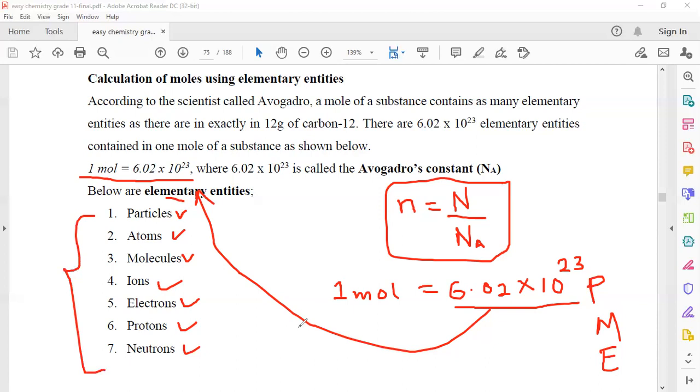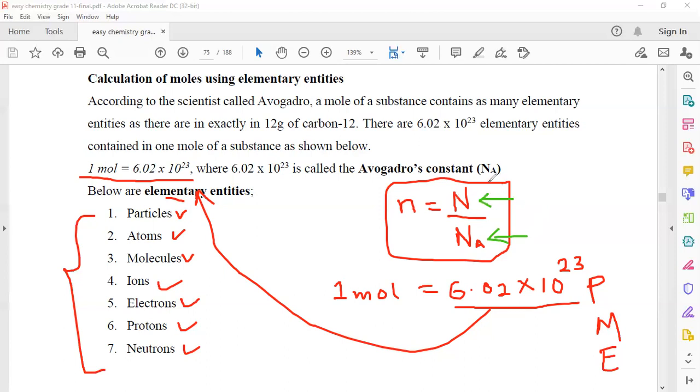Let's look at a few examples on how we can find the number of moles using these elementary entities. For you to find the number of moles, definitely you need Avogadro's constant, which is this number, and then you should be given a number of elementary entities.